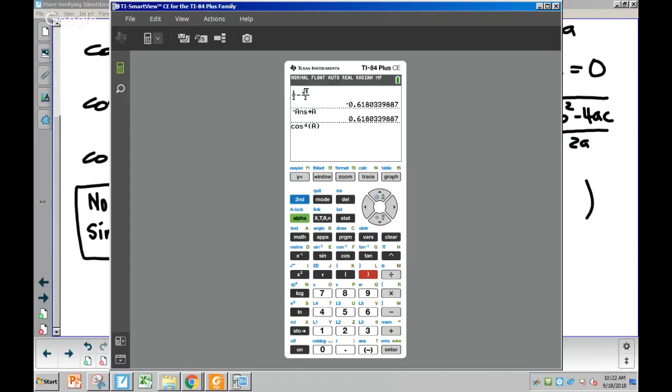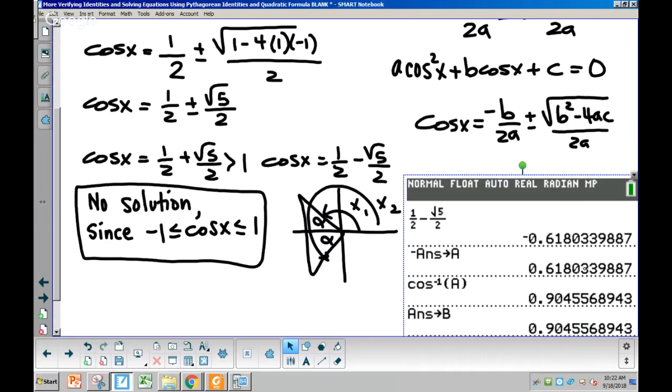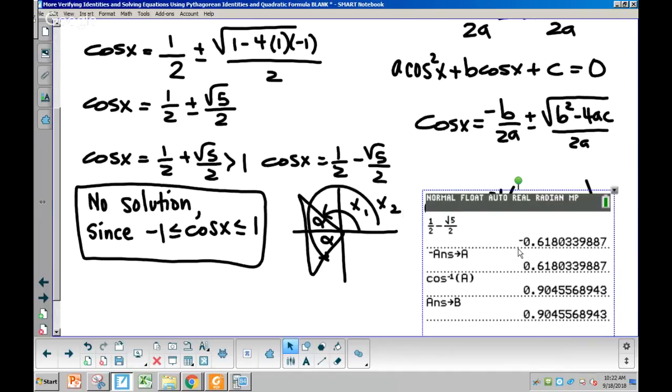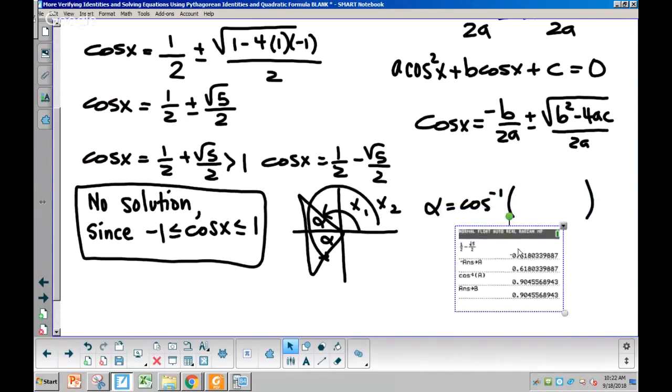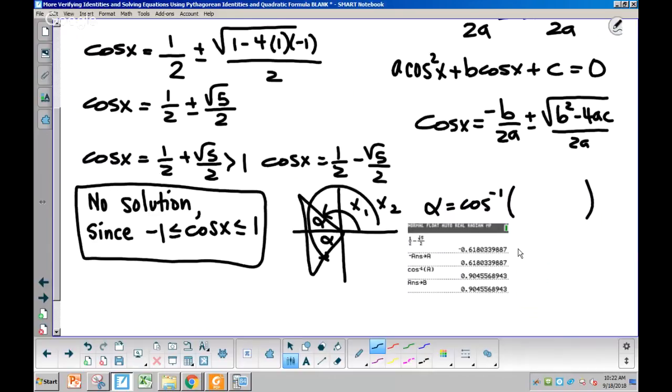Okay. All right. Did you get 0.90455? Yes. Okay. And I'm going to store that in alpha B. I'm going to put that in B. And then I'm going to take my screen over here and put it here. Make it a little bit smaller. So what did I do?